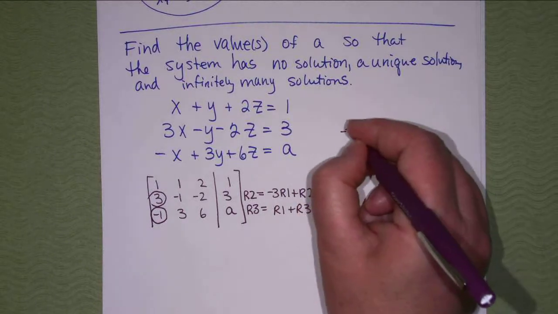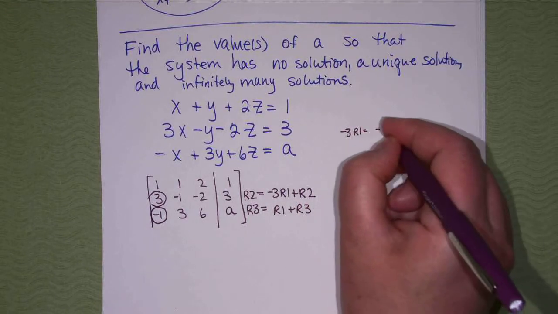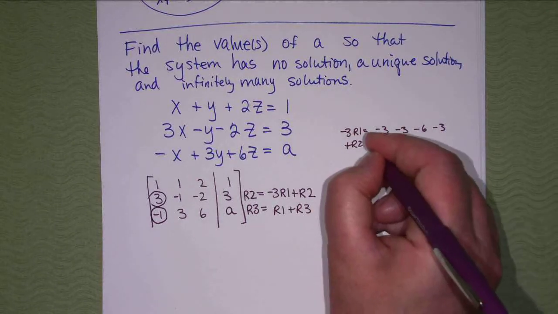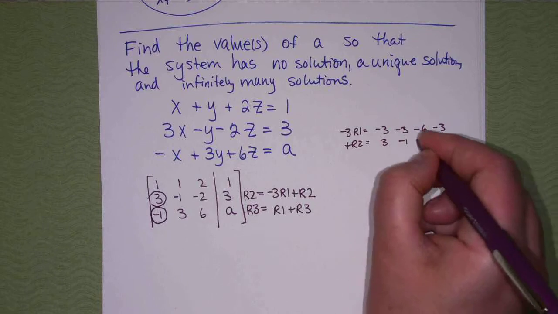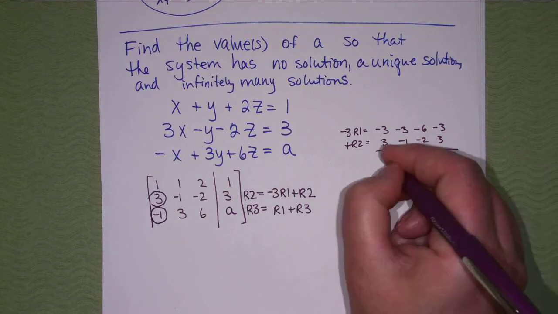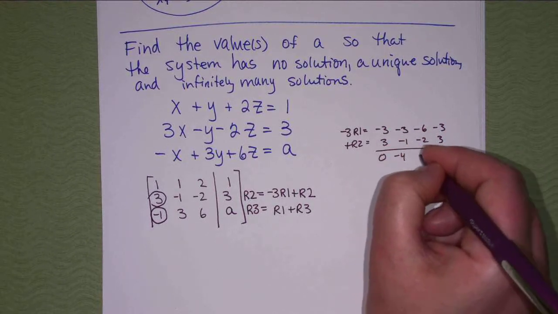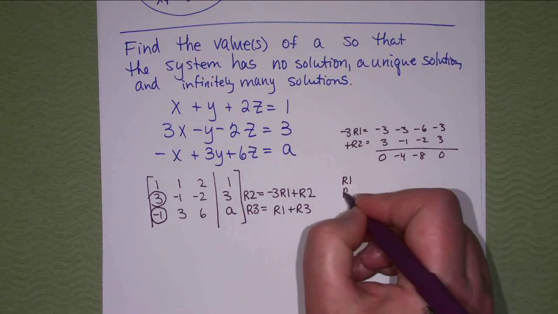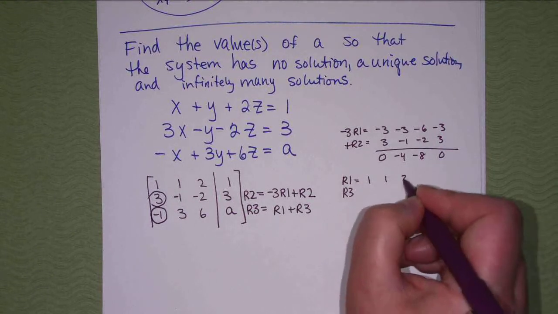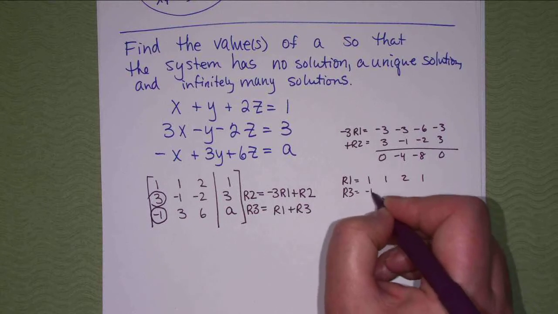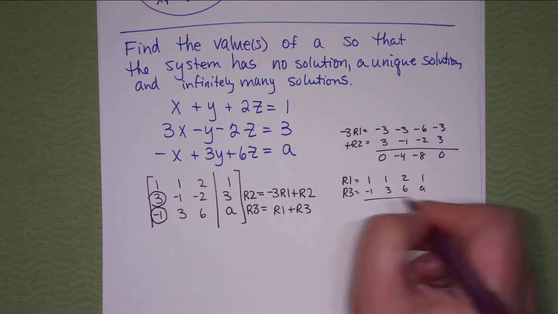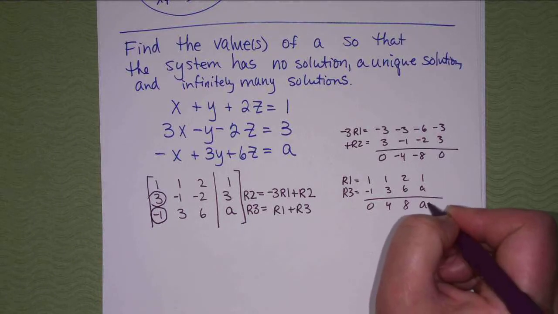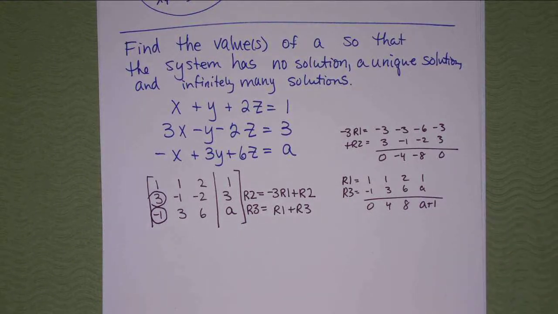So minus 3, row 1, plus row 2: 0, minus 4, minus 8, 0. Row 1 plus row 3: zero, 4, 8, A plus 1, or 1 plus A. We just add them.